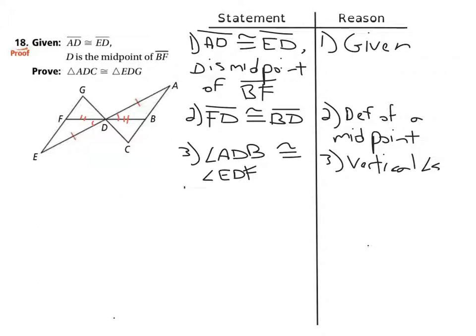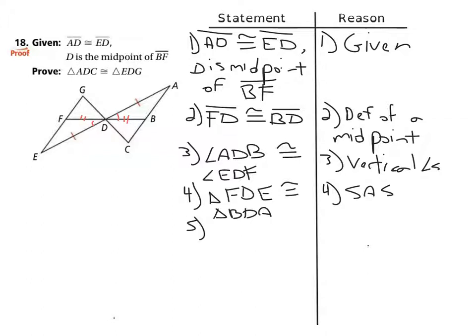We can say 4. Okay, now we know that the whole triangle, what can we call it? We can call it the one on the left, triangle FDE is congruent to triangle BDA by side angle side. And then we can say, knowing that, we can say that angle E is congruent to angle A by CPCTC.